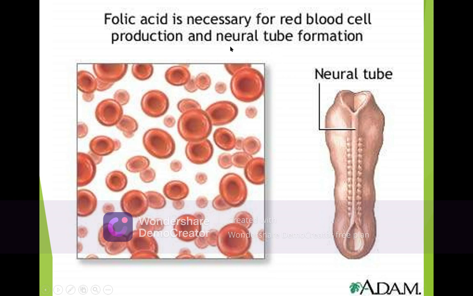If there is deficiency of folic acid, the neural tube will not be formed, and there are certain types of neurological problems faced by the infants. So we give folic acid in addition to iron, calcium and vitamin D in pregnancy to avoid these neural tube defects.